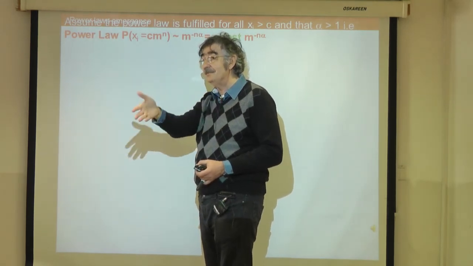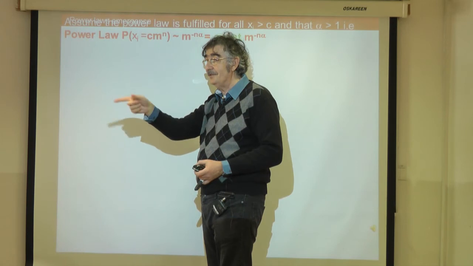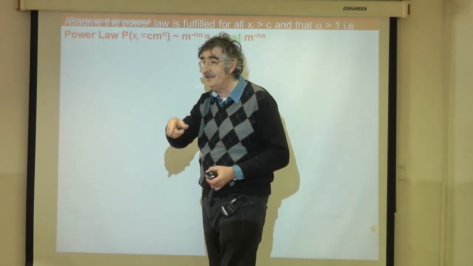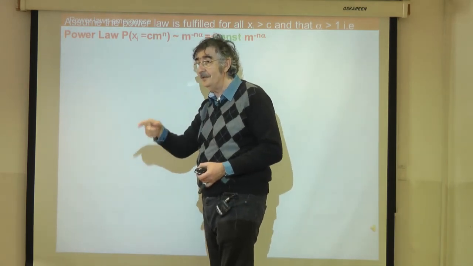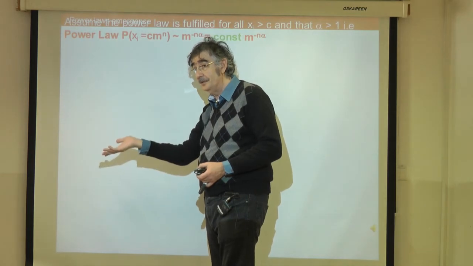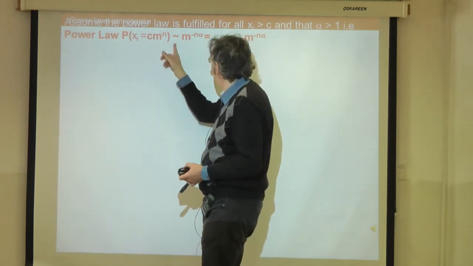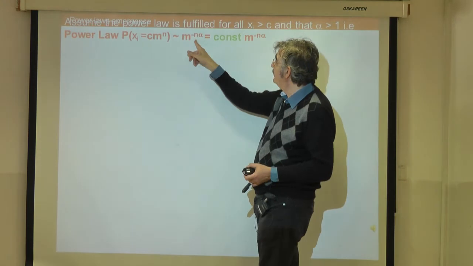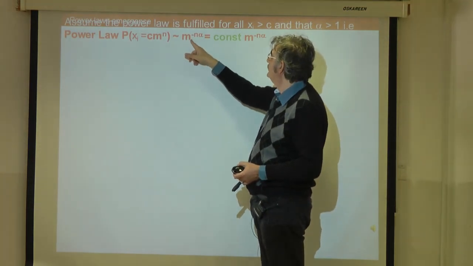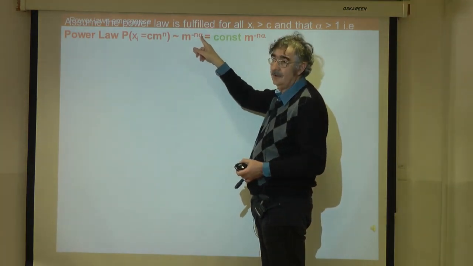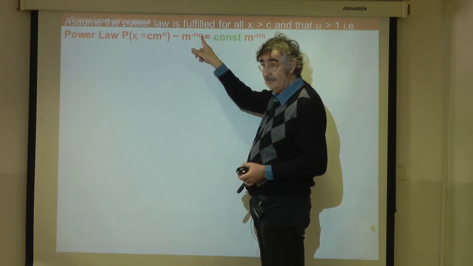So if I start, let's say, with everybody at c, then the only allowed values are c, c times m to the 1, c times m to the 2, and so on. Yes? And the probabilities, as you remember, were proportional to m to the minus n times alpha.